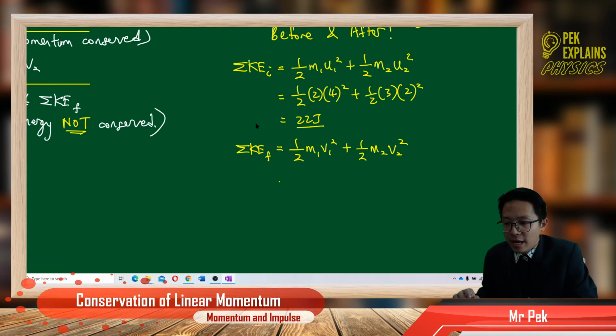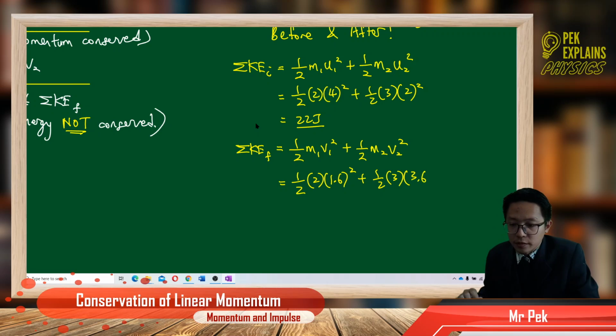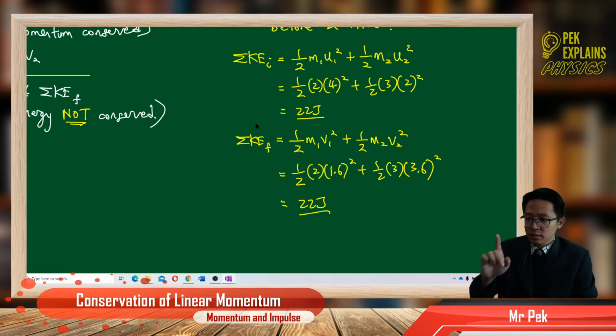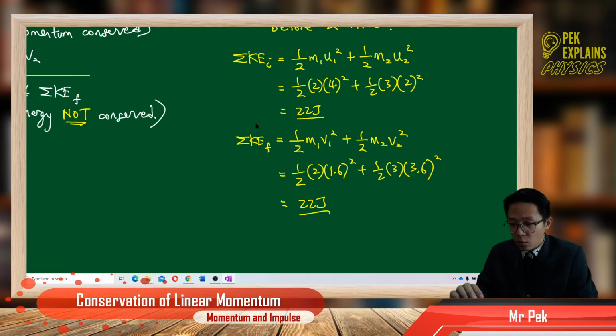And the kinetic energy after collision, we also already have all the data. We substitute mass 1, v1, and then mass 2, 3, and v2, 3.6. And we got 22 joule. So it seems that the kinetic energy before and after is equal.